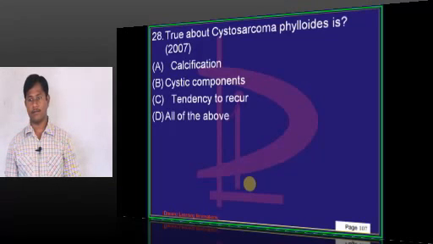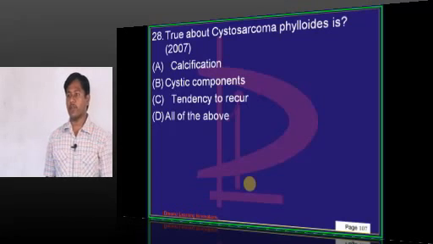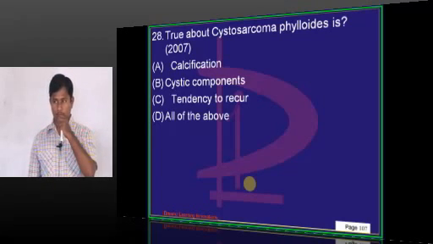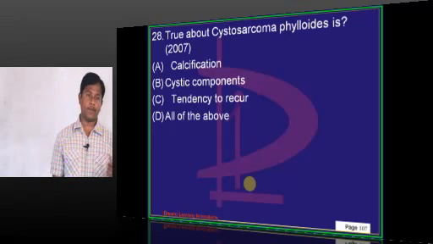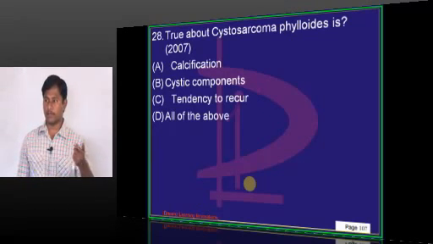See the answer? No? Right. So, what is cystosarcoma phyllodes? What is the importance of this? Tell me one point regarding cystosarcoma phyllodes that you commonly know.